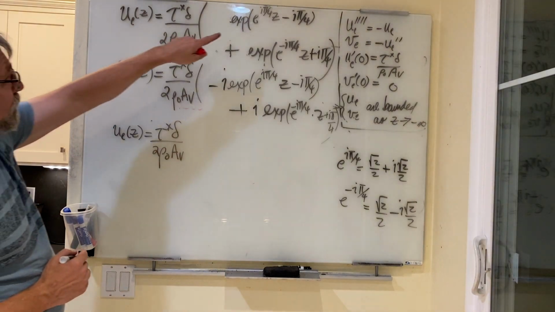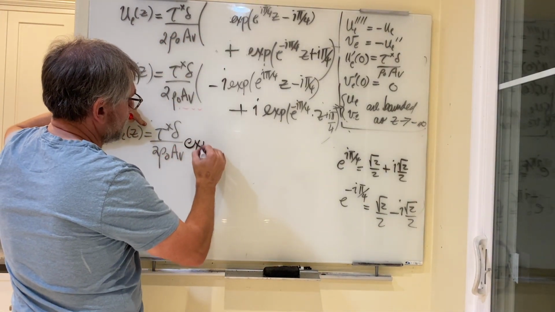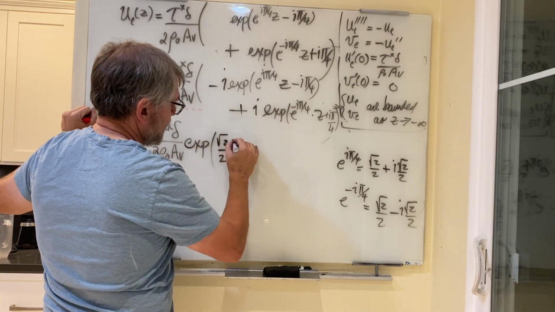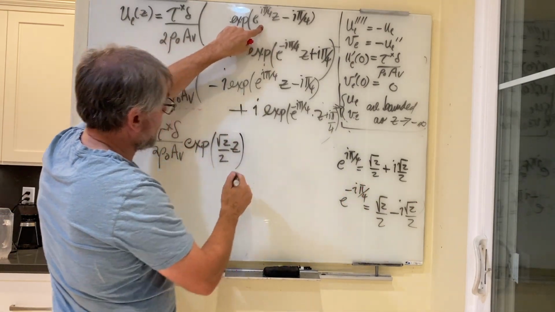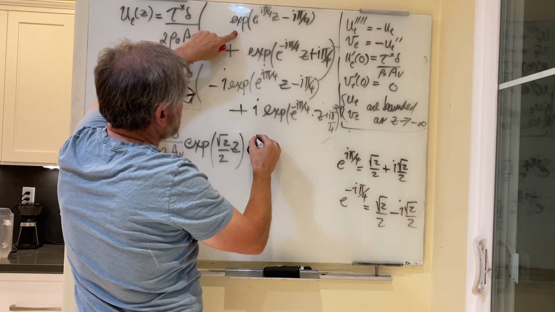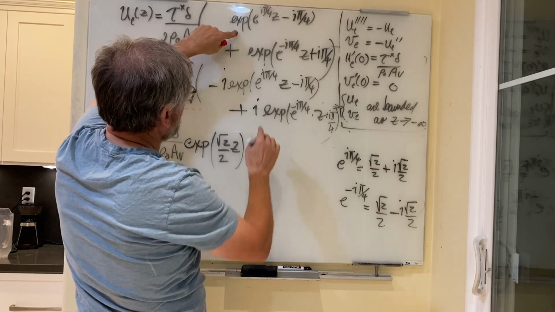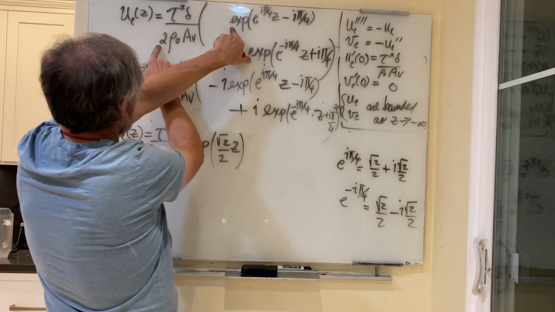And so those expressions over here will become exponential of root 2 over 2 times z, that's for the real part of this thing, and then the exponential of the imaginary part I'm left over with, which is exponential plus exponential divided by 2.